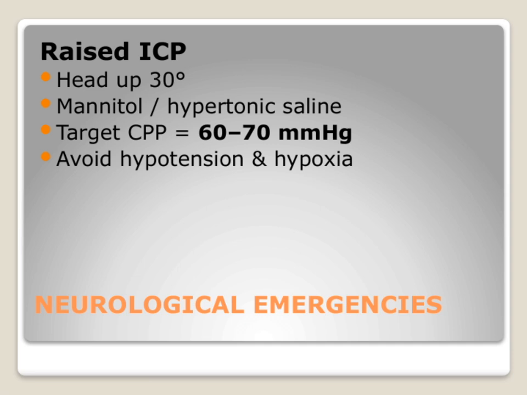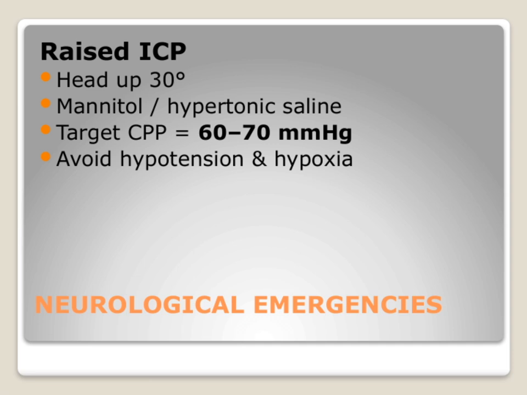Another critical goal is to maintain cerebral perfusion pressure, or CPP, within the target range of 60 to 70 millimeters of mercury. Achieving this balance ensures the brain receives enough blood flow without exacerbating swelling. It's also vital to avoid hypotension and hypoxia, as both can worsen brain injury in patients with elevated ICP.